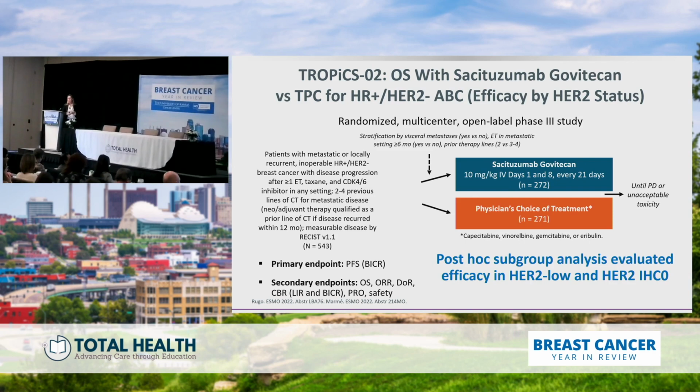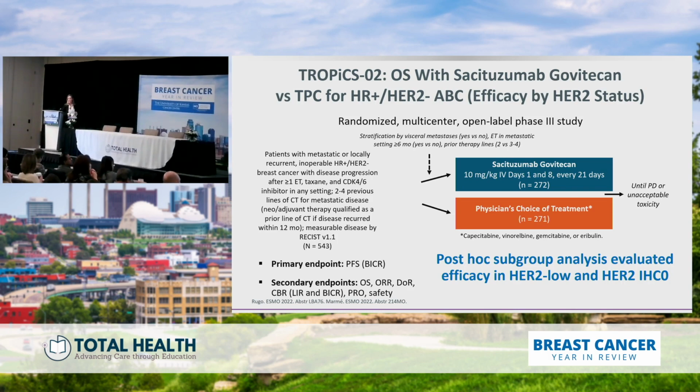And I also wanted to just comment on a post-hoc analysis from the TROPICS-02 study. This was a study looking at a different antibody-drug conjugate. This is a TROP2-directed antibody-drug conjugate, sacituzumab govitecan. And this was a study that looked at that antibody-drug conjugate versus standard of care for hormone receptor-positive advanced breast cancer.